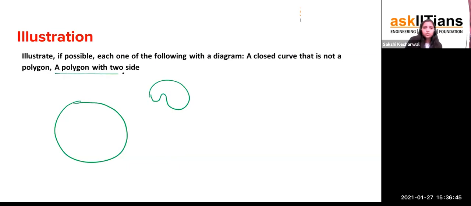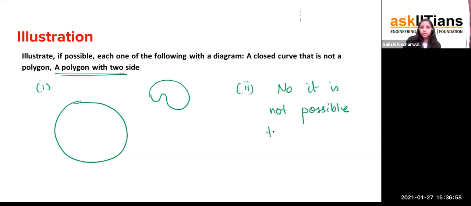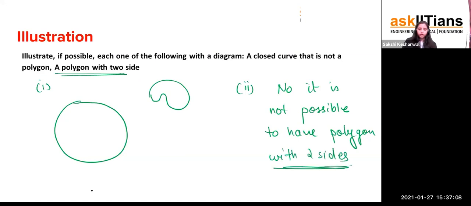Is a polygon with two sides possible? That is the second part. No, it is not possible to have a polygon with two sides, right?